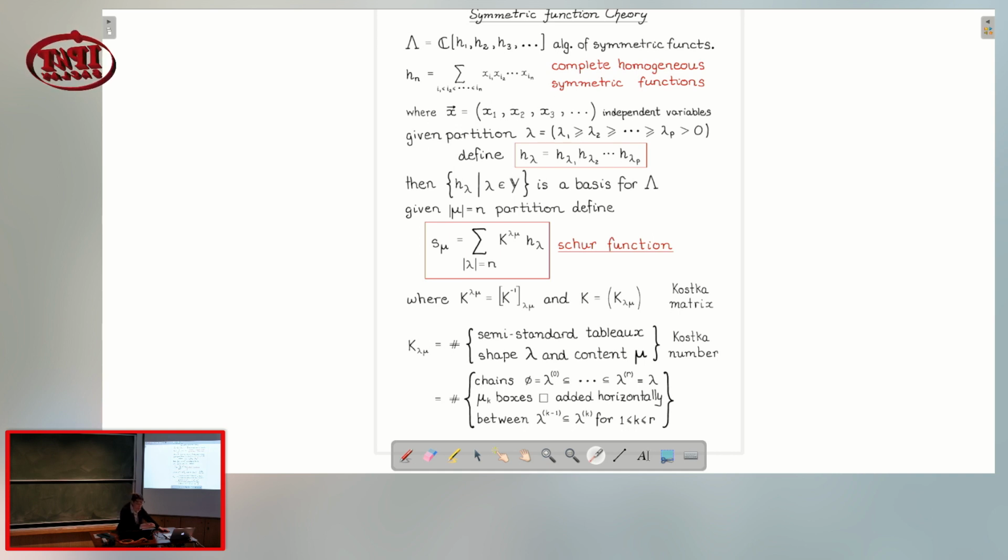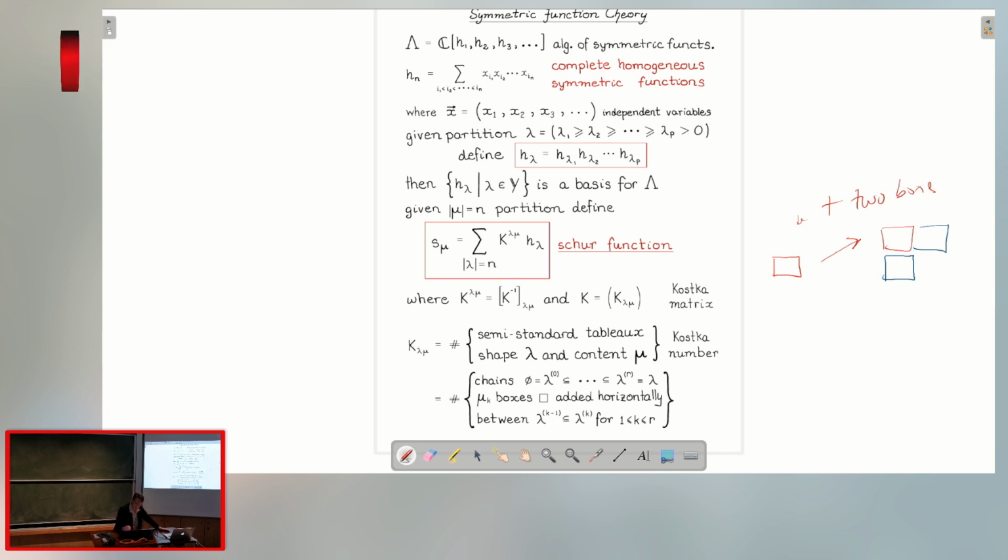In other words, I'm allowed to do something like, can I write over here? Oh, good. If I have a box and I want to add 2 boxes, horizontally means I can do something like this. I can put a box here and here.